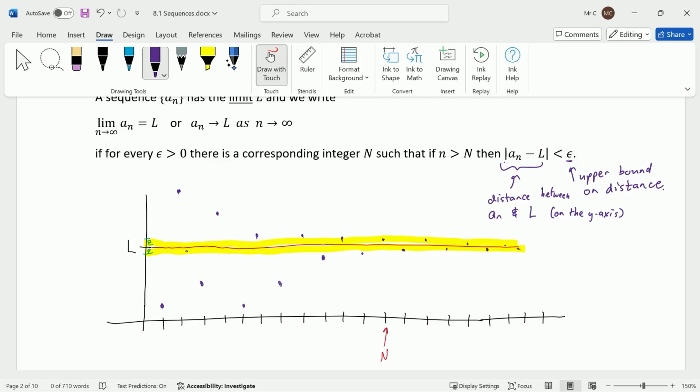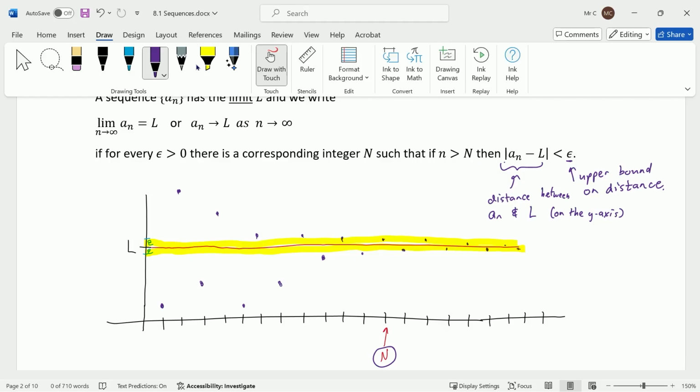So if we take a look at this picture, that's what we're trying to show here. This highlighted space is the area of the graph whose distance from L is epsilon. You might have a sequence that's alternating like this, but as long as once you get to a certain n value, all of the terms fall within that epsilon, you've satisfied this inequality.